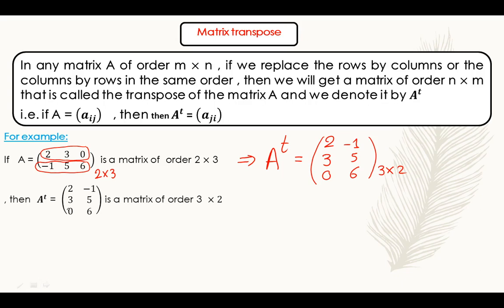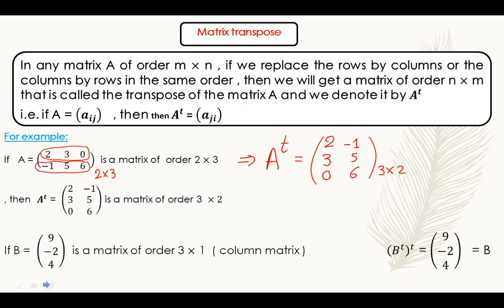Then A transpose will be equal to 2, 3, 0, negative 1, 5, and 6, of order 3 times 2. If B is a matrix of order 3 times 1, you can see that it is a column matrix.